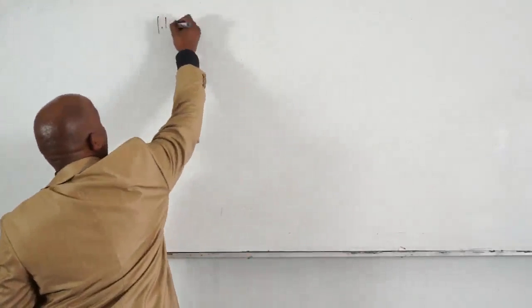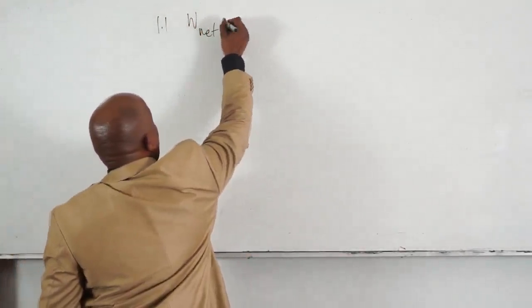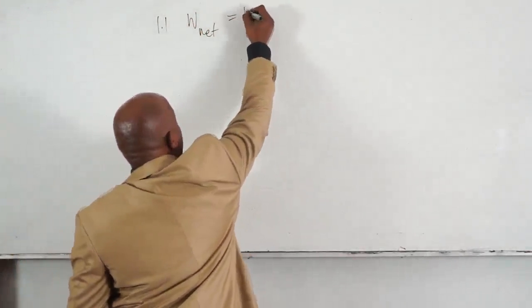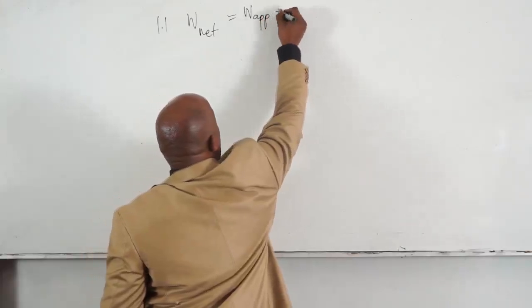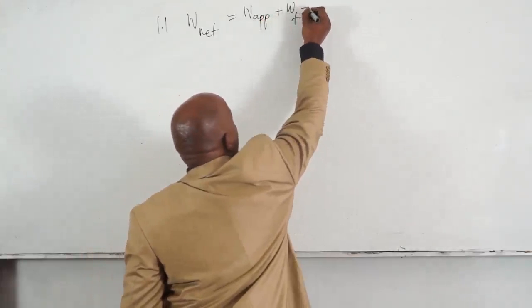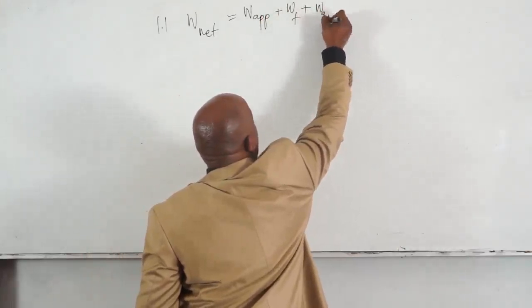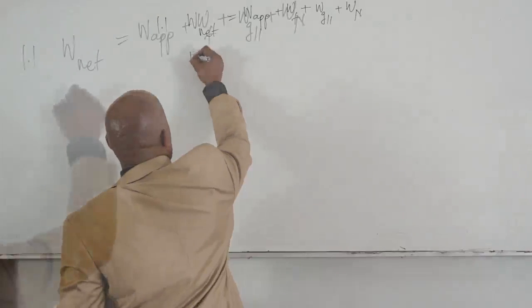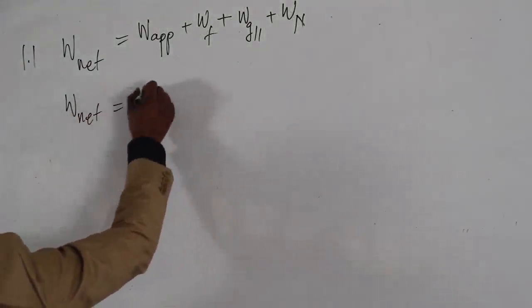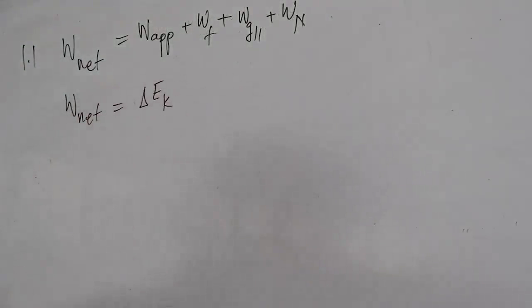Let us do 1.1. In 1.1, we want the net work done on the object. So I was saying the formula of net work done can be W applied plus W frictional plus WG parallel plus W normal force. Or you can have the W net equal to delta EK.